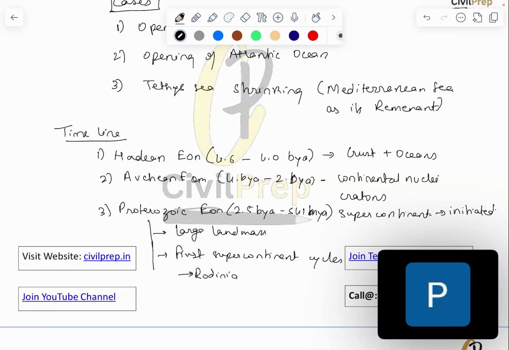Before Rodinia, there was Columbia. After Rodinia, there was Pangaea. So this was a supercontinent cycle. Then crustal evolution, we have already seen how the crustal evolution has taken place, so here we are able to explain this part.